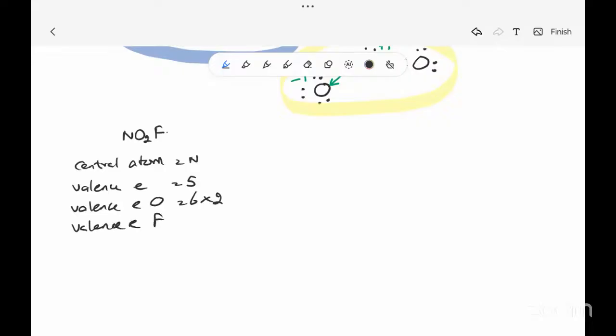Valence electrons from fluorine, that is 7. Fluorine is in the 17th group, right? Then total electrons: 5 plus 7 plus 12, that is 24. Then electron pairs: 12.